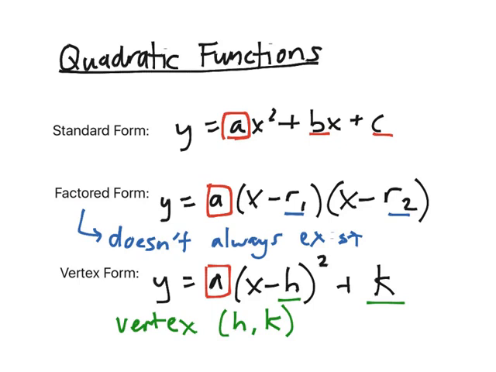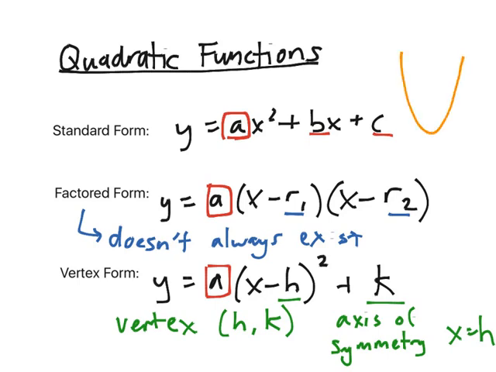And then you also have something called an axis of symmetry, at x equals h. Let me draw a quick diagram over here to demonstrate what that means. If you have your parabola, which looks like this, this point right here is your vertex, and your axis of symmetry is that vertical line that goes through the vertex, and that's always in the middle of your roots.